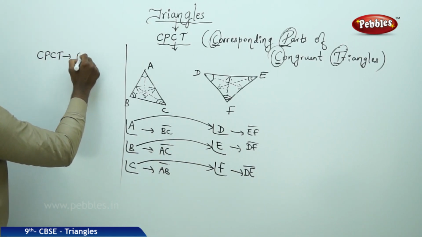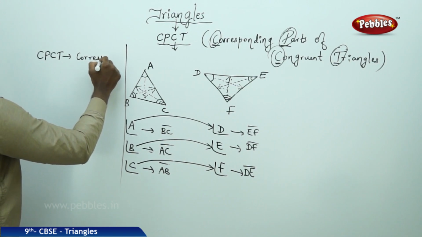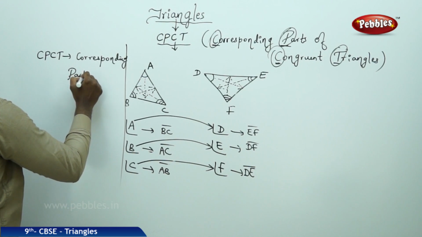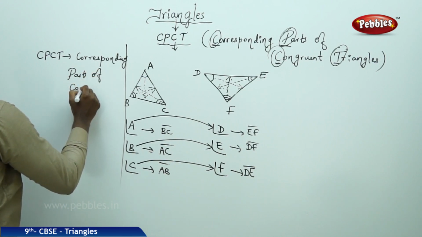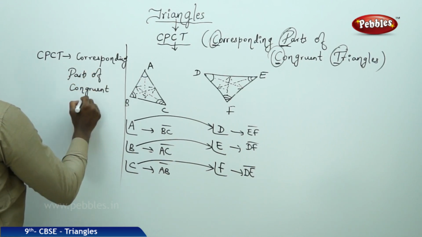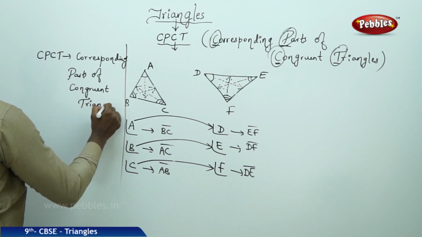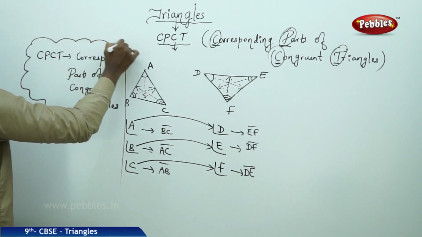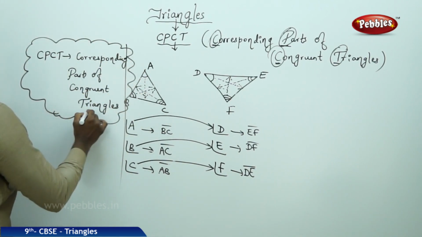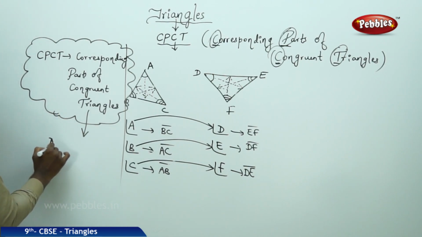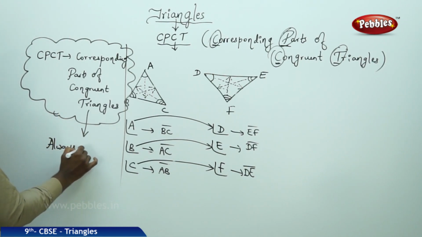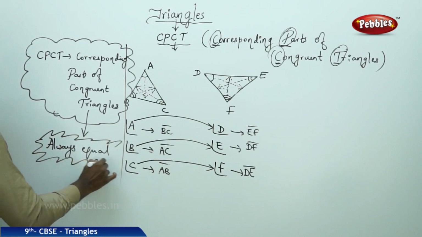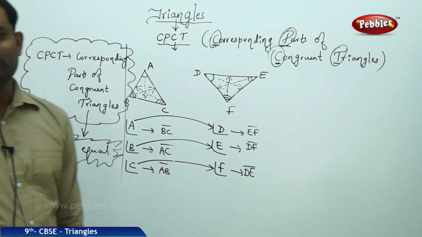CPCT: corresponding parts of congruent triangles. Always equal. This is a very important property.